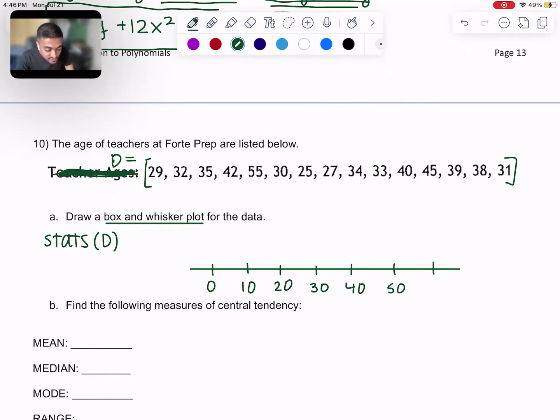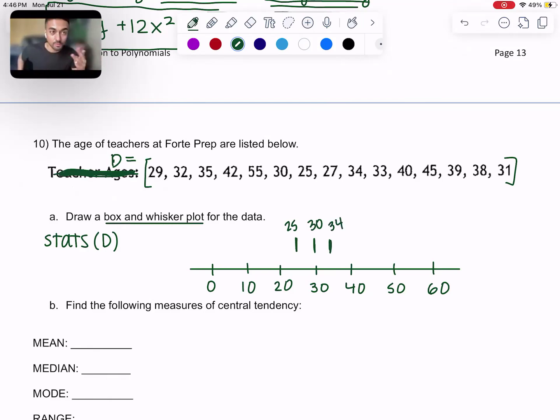Try your best to space it out evenly. We're going to go up by 10s, kind of like Desmos shows us. So the minimum is 25. The Q1 is 30. Median is 34.